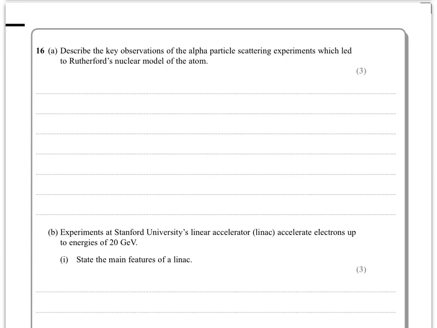Okay, so describe the key observations of the alpha particle scattering experiment which led to Rutherford's nuclear model of the atom. Okay, so you know this.